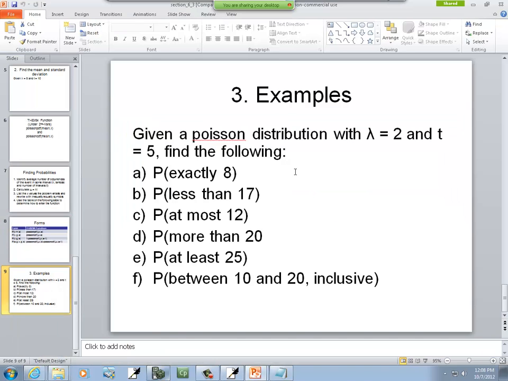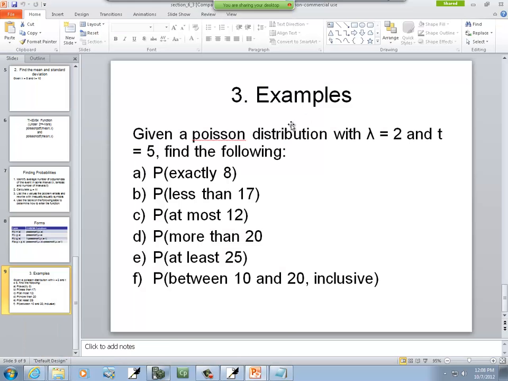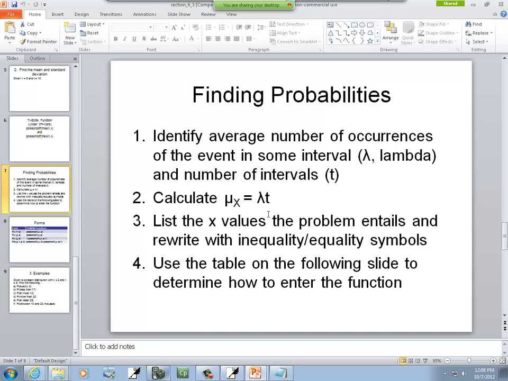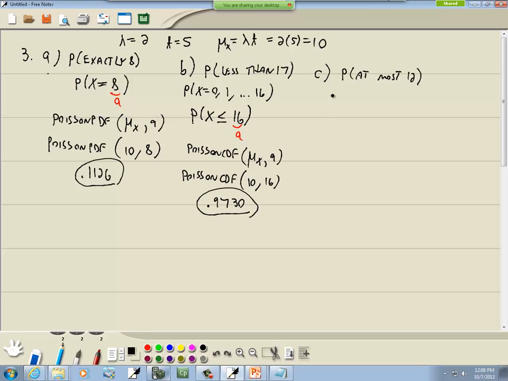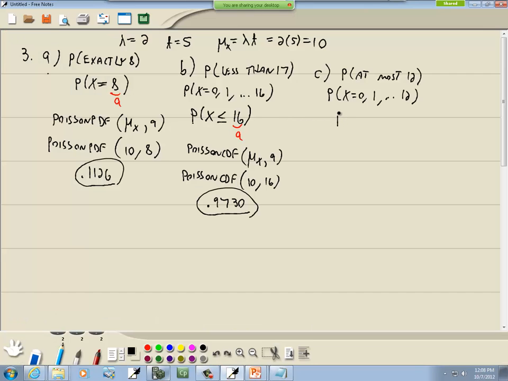Okay, let's look at part C. At most 12. Well, back to step 3. List the x values this entails. At most means 0, 1, all the way up to 12. So it includes 12. Second part of step 3, rewrite with inequality equality symbols.